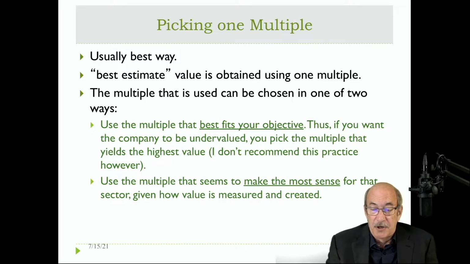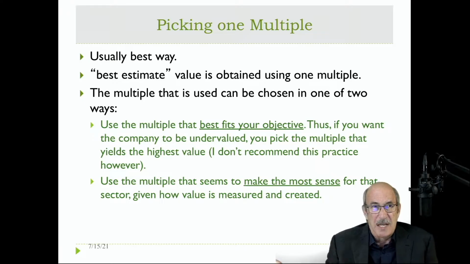Also, as far as picking a multiple, there may be one multiple that is much better than others for your particular purpose. And again, as was mentioned, there are some multiples for specific industries. There might be price per click, or price per ton of steel, or price per square foot of retail space. Those may be the best multiples to use.